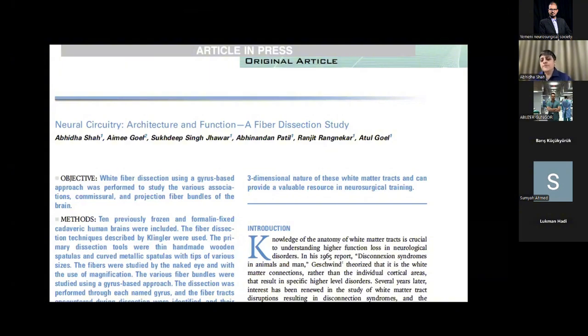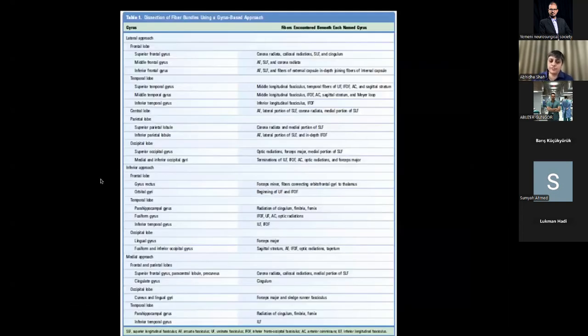So all this time we have looked at white fibers as association fibers, commissural fibers, projection fibers. But as neurosurgeons, we should look at them as how they are going to come in our way. So we look at them in the direction that they run and at the depth that they will lie, and what structures they are related to. If you look at white fibers in this perspective, you will get a three-dimensional architecture of this white fiber system.